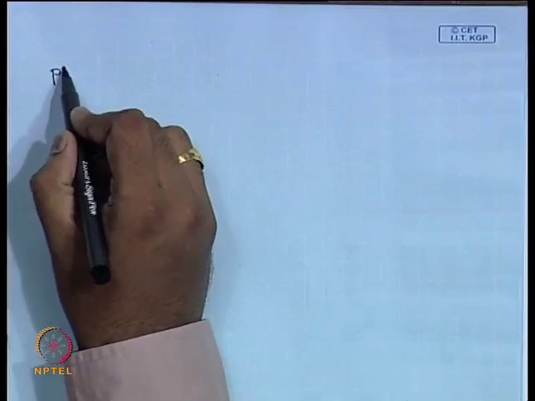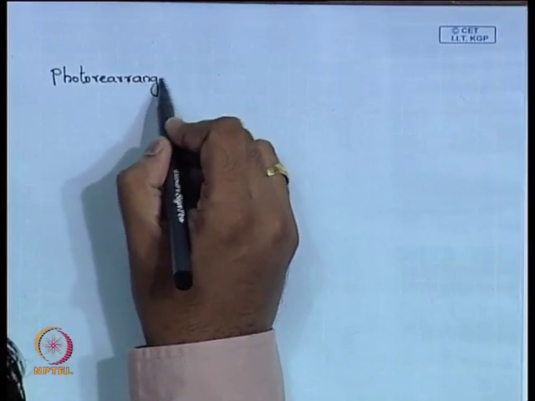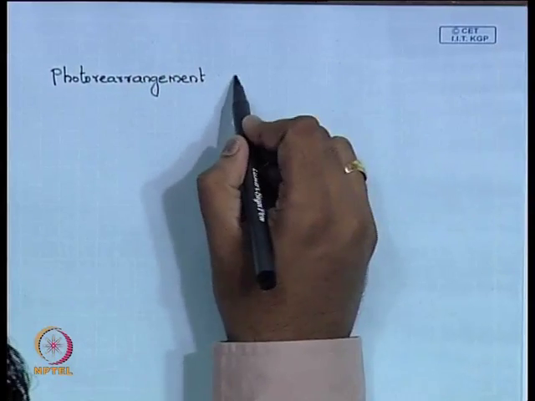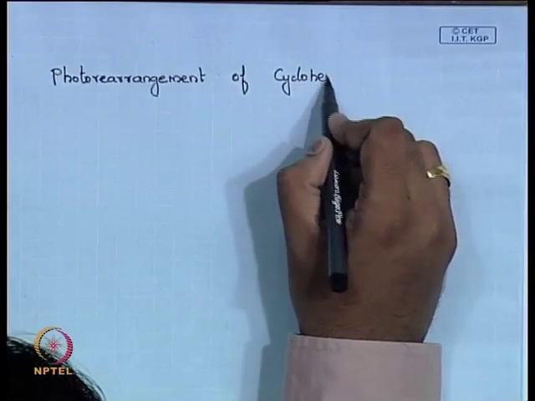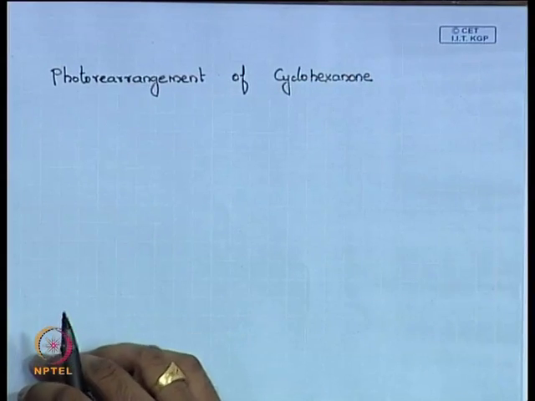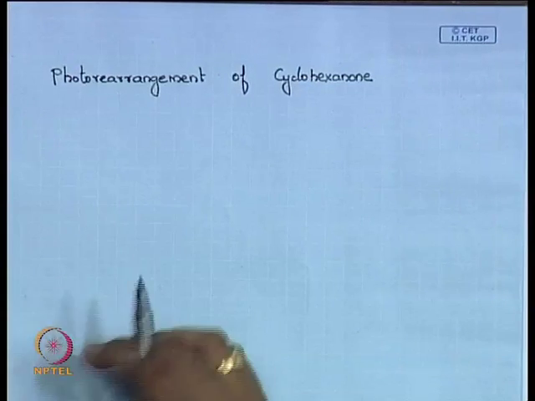Okay. So, now we will go to some other important rearrangements, which are photorearrangements of cyclohexenone systems.